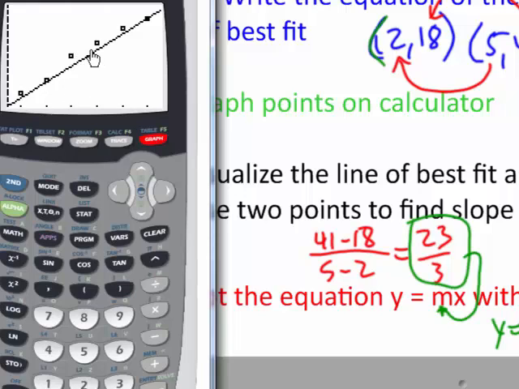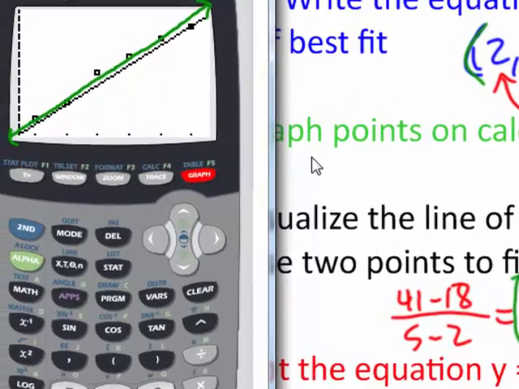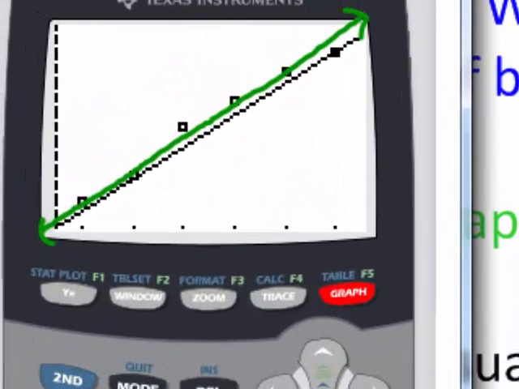But my original line of fit, I should have left that on here, was about like that, wasn't it? So what do I need to adjust here to move my line up just a little bit? Oh, I think I heard somebody say it. Remember the y-intercept. I want to adjust this y-intercept and move it up just a little bit.